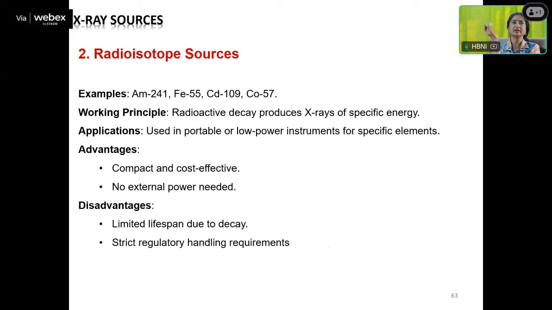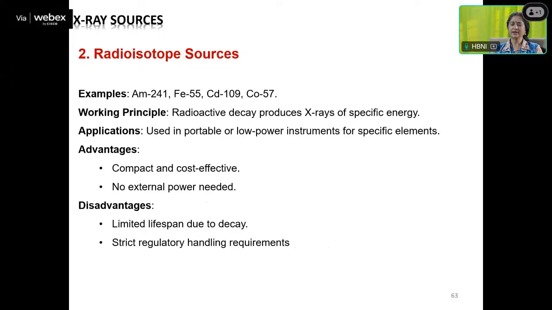The second one is the radioisotope source, for example americium-241, iron-55, cadmium-109 or cobalt-57. They also can be used as a source of X-rays. Radioactive decay produces X-rays of specific energy. The application is in portable or low power instruments for specific elements.